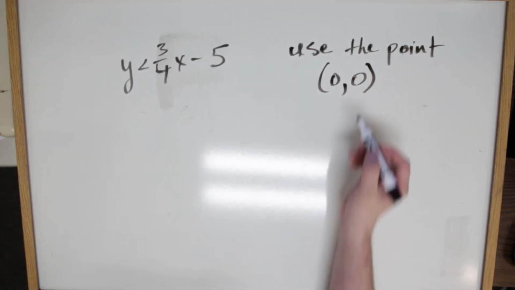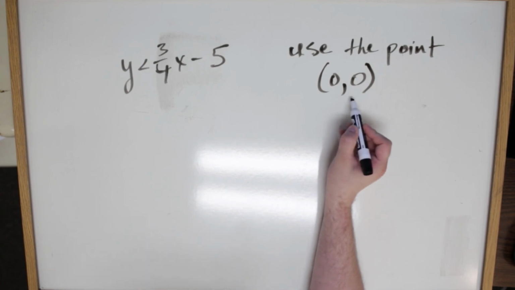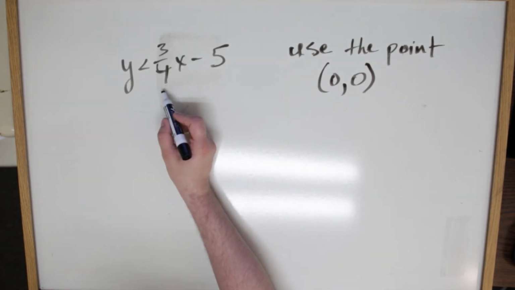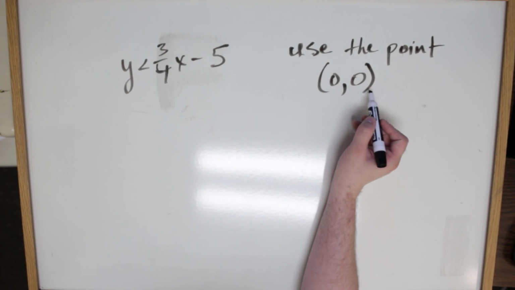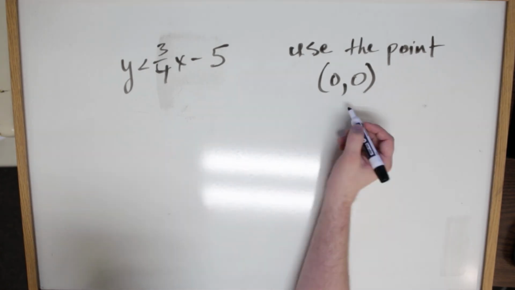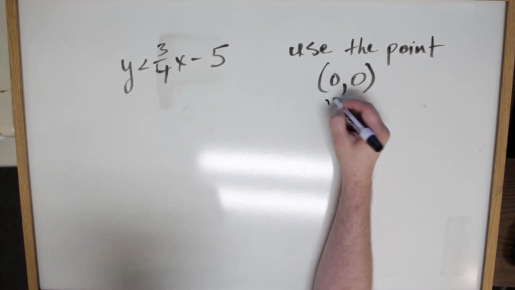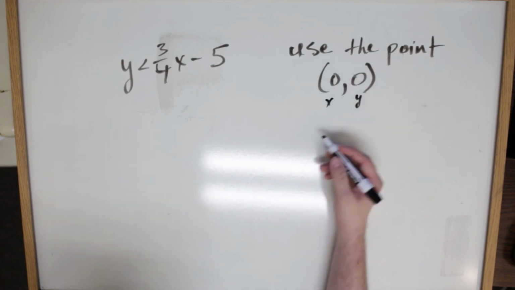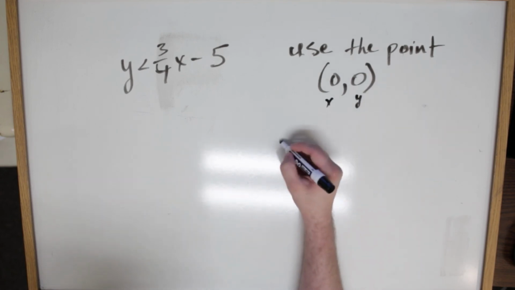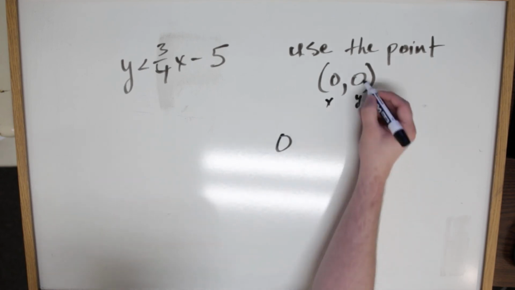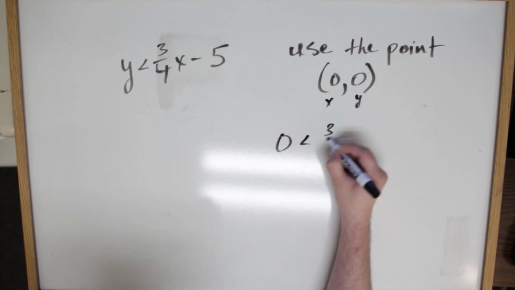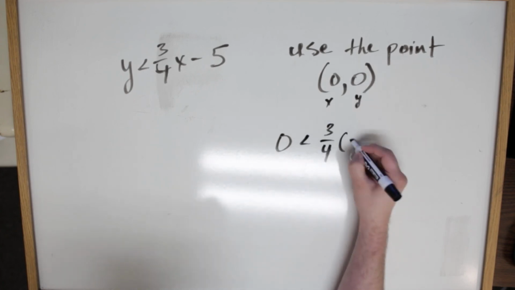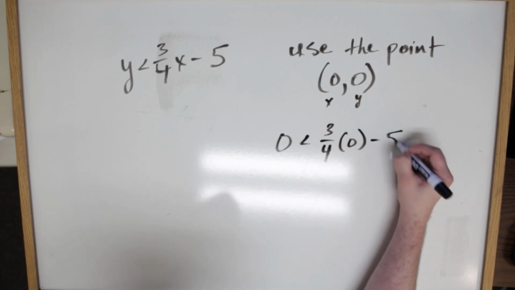So again, I'm testing whether or not this inequality will be true at the point 0, 0. So to do that, let's go ahead and make the substitution. This is, remember, my x value and my y value. I'm making the substitution, so 0, which is my y, is less than 3/4 times 0 minus 5.